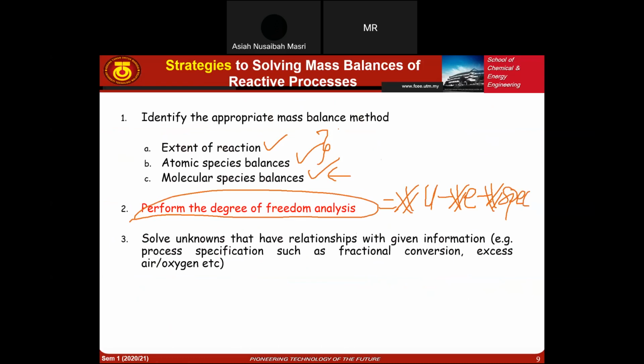When you are doing the degree of freedom, don't forget to also identify your limiting and excess reactant. And finally, you can solve the unknowns that have a relationship with the given information, which is the specification. We have process specifications given such as fractional conversion, excess air to oxygen, etc. And we can solve the mass balance.